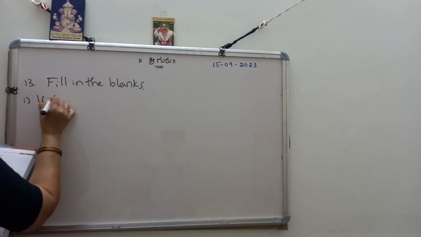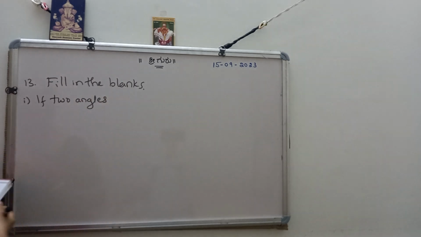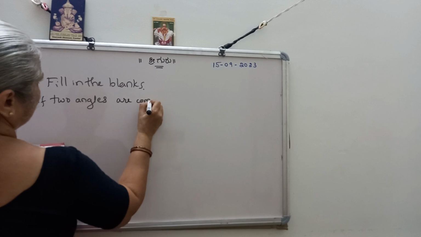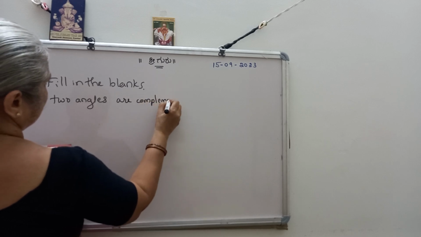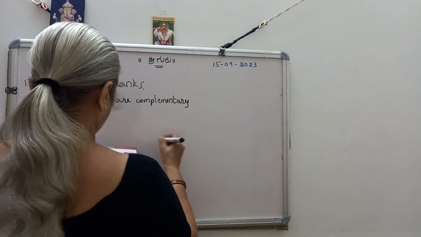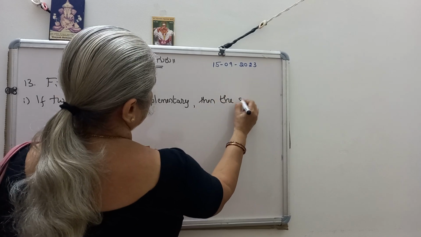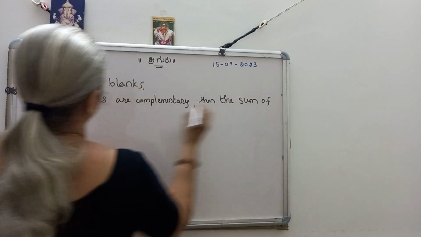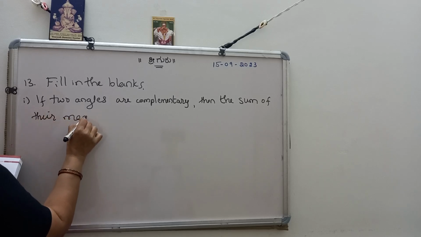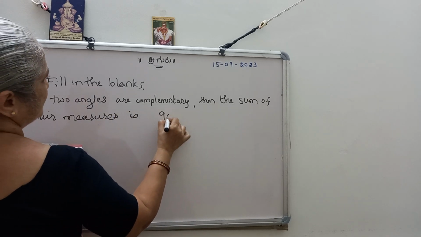If two angles are complementary, then the sum of their measures is 90 degrees.